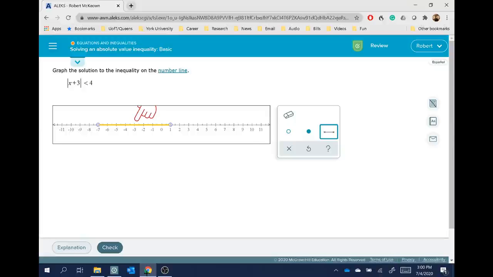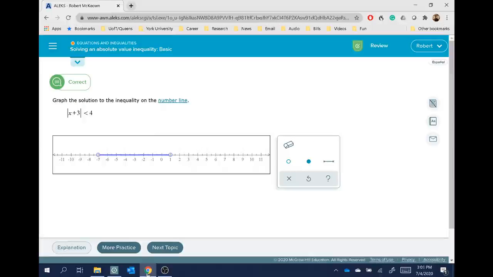And now I'll press check, and let's see if we get the right answer. And we did. So you have to remember that it's an open interval, or open set, and so we're using the hollow dot on both the highest value and the lowest value.